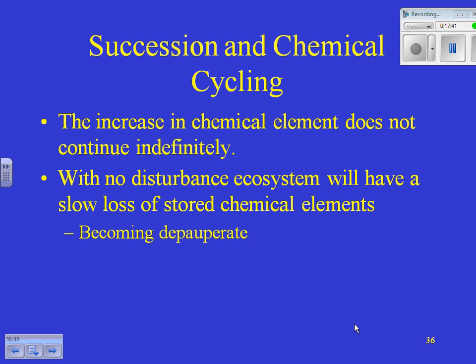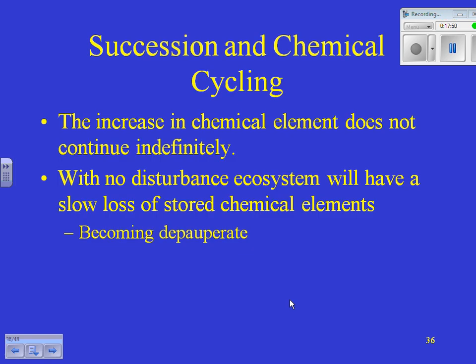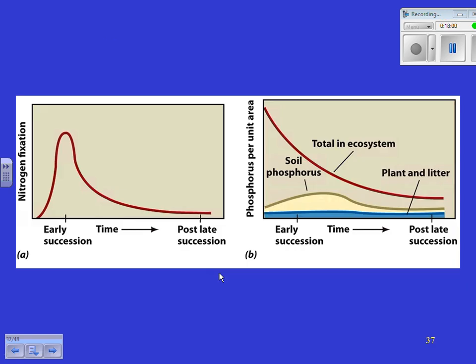The increase in chemical elements does not continue indefinitely. With no disturbance, an ecosystem will have a slow loss of the stored chemicals. That's why disturbances are so important. That's why fire is actually very important to keep recycling some of these chemical elements.